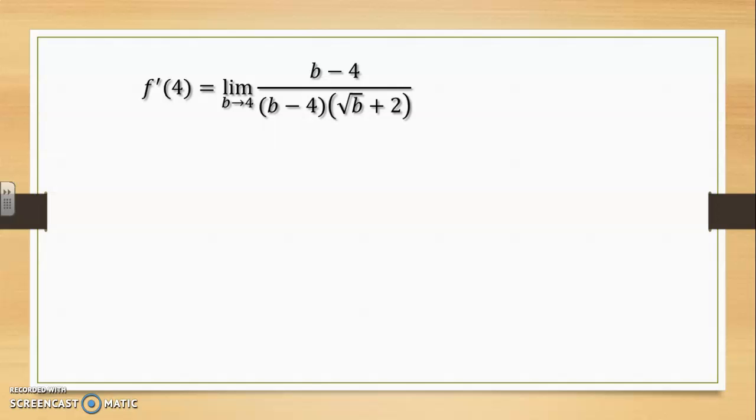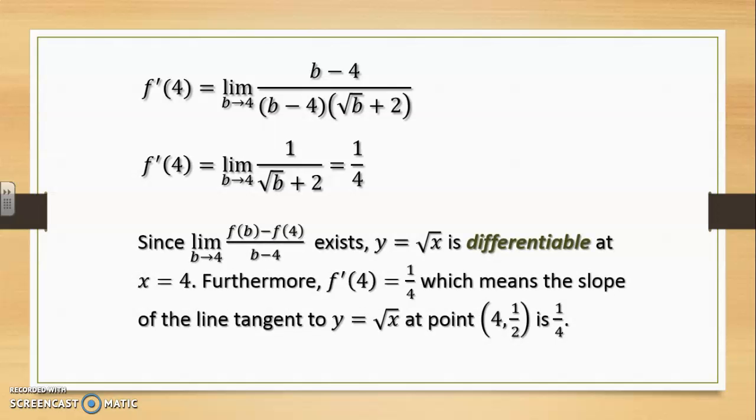And we have now highlighted a common factor that can be eliminated, which leads us to be now able to do direct substitution. As b goes towards 4, 1 over root of b plus 2 will head towards a quarter. So the result we are getting exists and is finite.